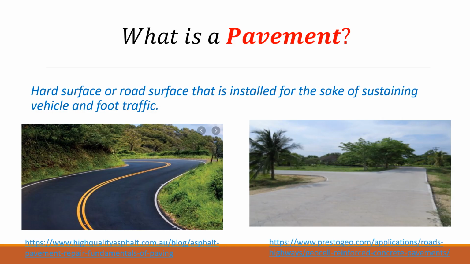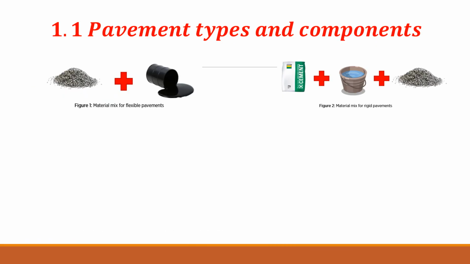So in both we have aggregates, but to bond the aggregates in flexible pavement, we use the binder as the bitumen, isn't it? To bind the aggregates in the rigid pavement, we use cement and water as the binder. So main difference is the binder. So we have bitumen in the flexible pavement, and we have cement in the rigid pavement. And the next thing is their pavement components are also different.